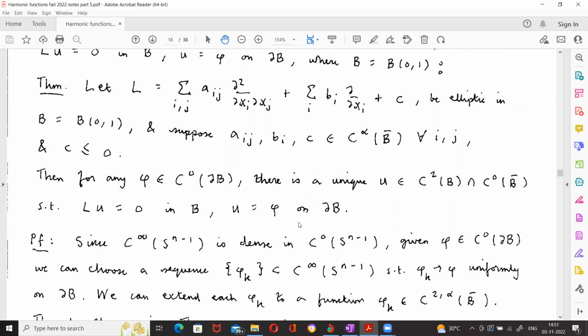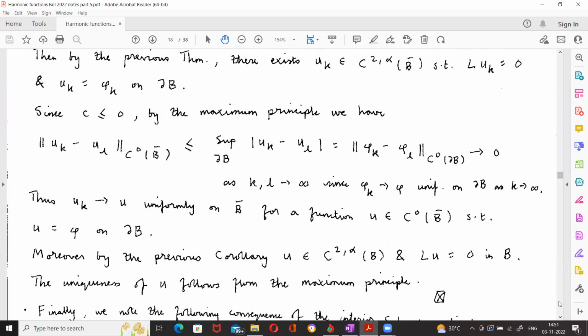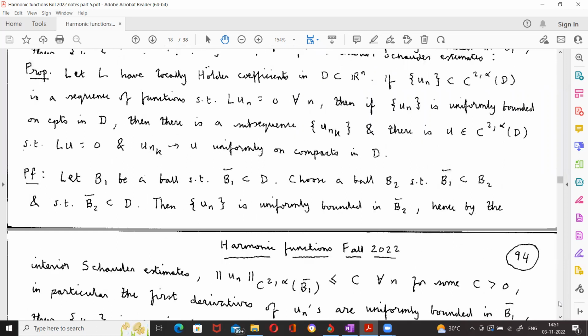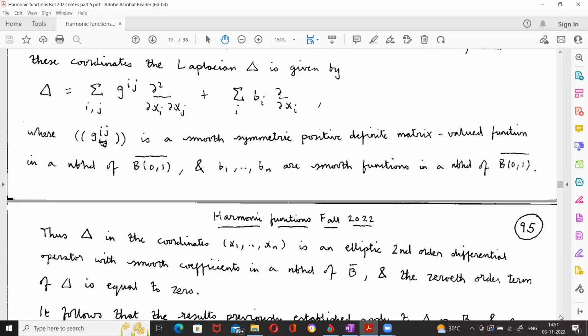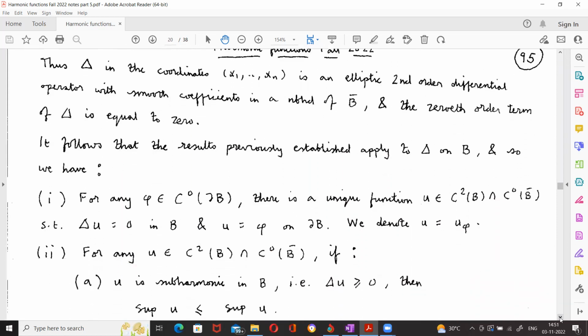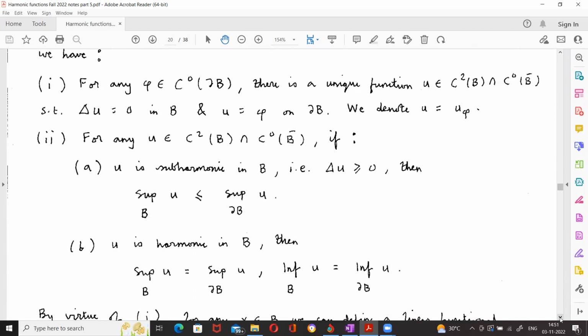In coordinates on the geodesic ball, we identify the geodesic ball with the unit ball in Rn, and our coefficients are smooth functions in a neighborhood of the closed ball. In particular, they are Holder on the closed ball, and so we can apply this theorem. Is this okay? Yes. So we can solve the Dirichlet problem for geodesic balls in our Riemannian manifold.